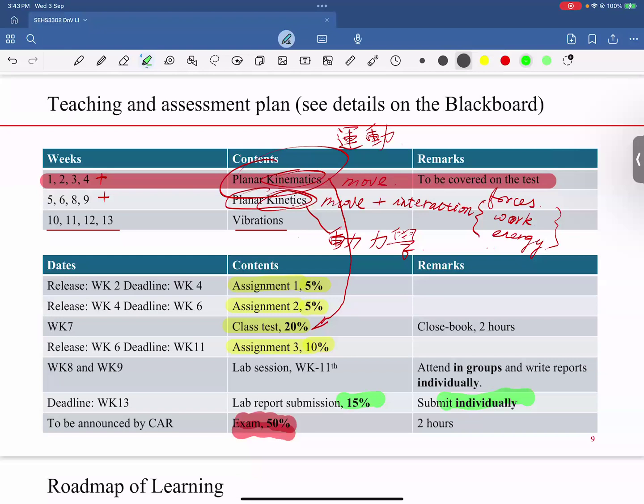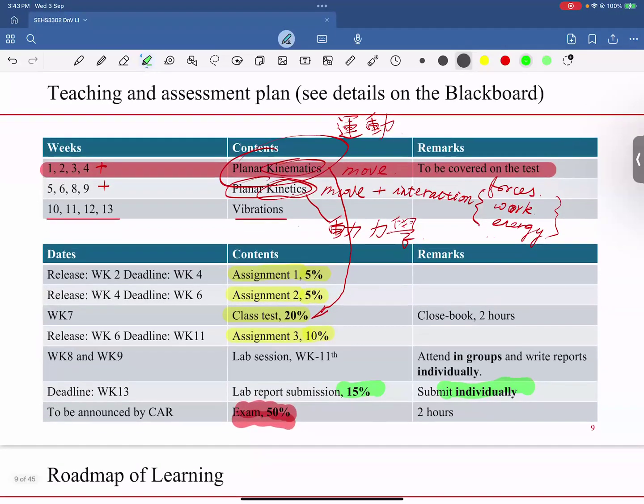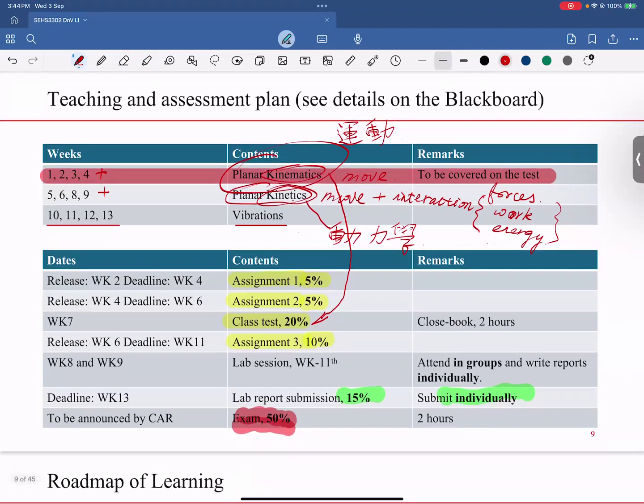Each report is from just 1 student. This is required by HKIE, and this is more fair. Actually, in the early years when I taught here, you just submitted a group report. But sometimes we have free riders, and they can avoid the work. Okay, so much about the teaching and assessment plan.